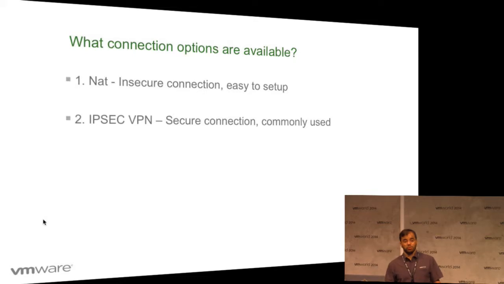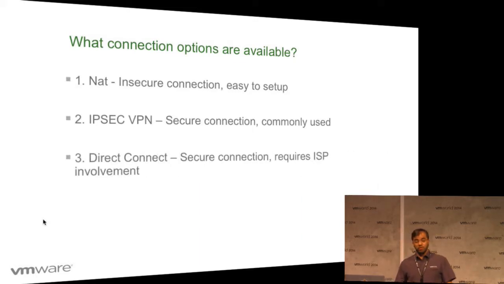The second option that we'll talk about will be IPsec VPN. It's a secure connection, it's encrypted, and that's what most of our customers are using to interconnect the on-prem environment and vCloud Air. The third option will be a direct connect. It's secured, and it will be provided by a network service provider.